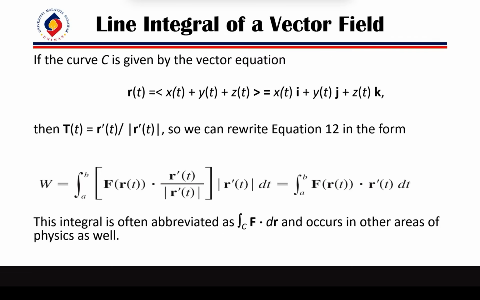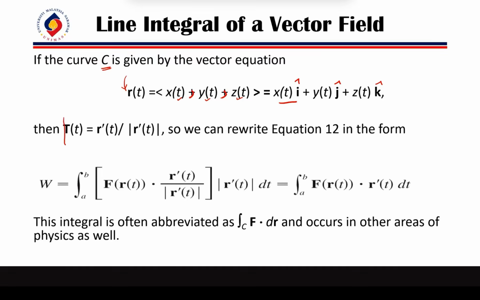So we go to the next slide. In this slide, the curve C is given by a vector equation. When we are given the curve equation, we have to parameterize it. So we have x in terms of t, y in terms of t, z in terms of t: r(t) = x(t) i unit vector plus y(t) j unit vector plus z(t) k unit vector.